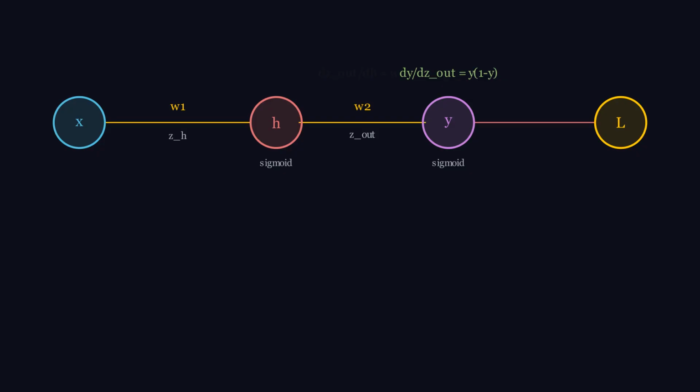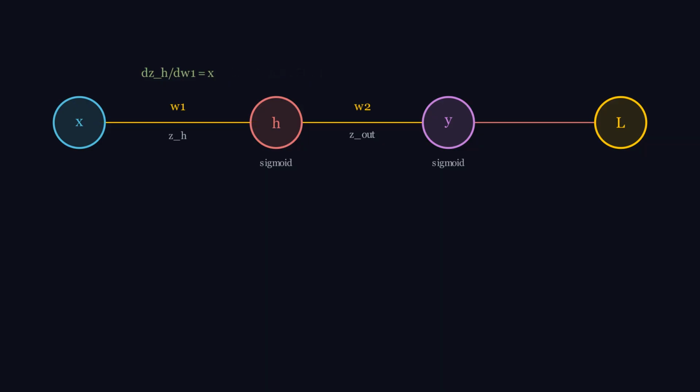Dz out over dh equals the weight matrix W2 because z out is just the weight matrix W2 times the variable h. Dh over dz h equals the variable h times the quantity 1 minus the variable h. Sigmoid derivative again, now at the hidden unit. Dz h over dW1 equals the variable x, because z h is the weight matrix W1 times the variable x.